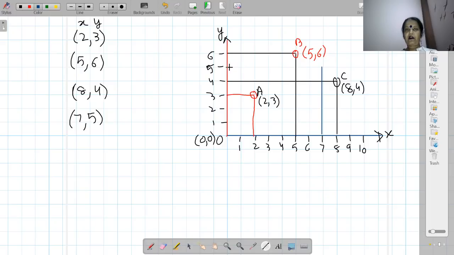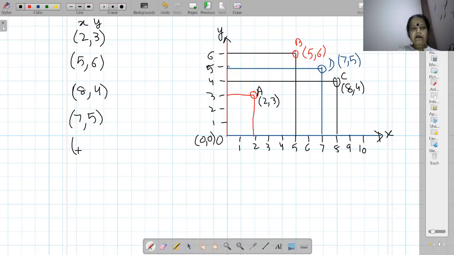So from y value 5, we will move like this. Okay, so this point of intersection you can name it as D, so you can name it as 7 and 5. There.